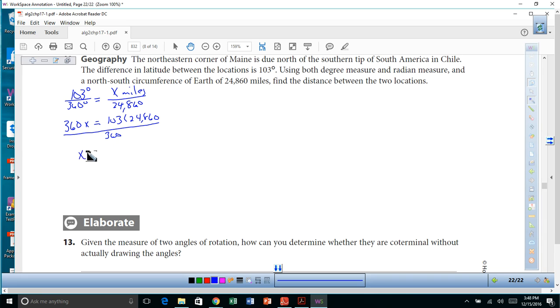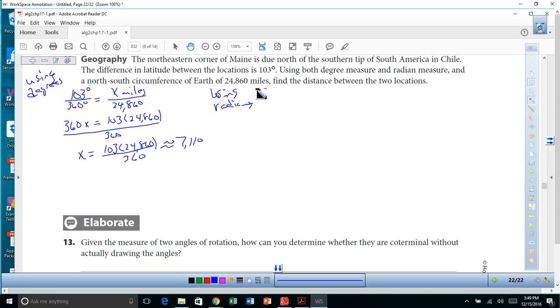So you got x equals 103 times 24,860 divided by 360. And that's going to be approximately 7,110. Okay, that's using degrees. All right, now using radians.